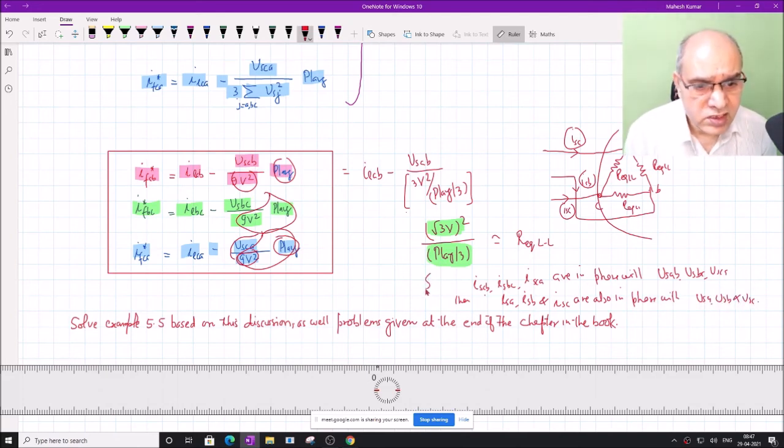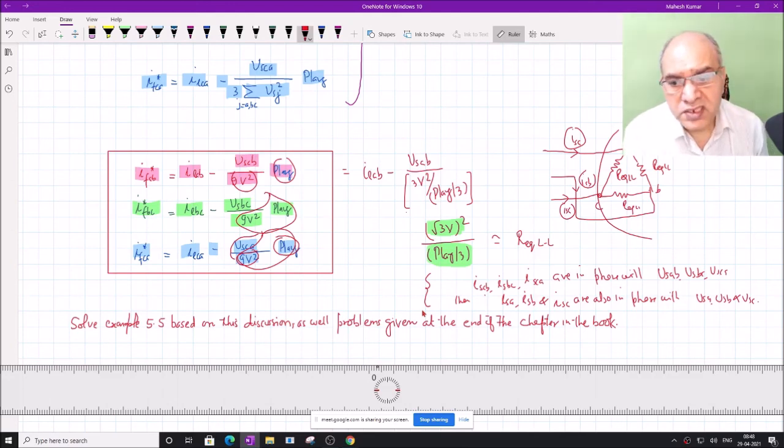Alright, so this is the scheme of compensation, and finally it gives the currents which are in phase with their respective voltages. You can also define a certain power factor. If you want 0.8 power factor lag or lead for the compensated source current, beta can be set there.